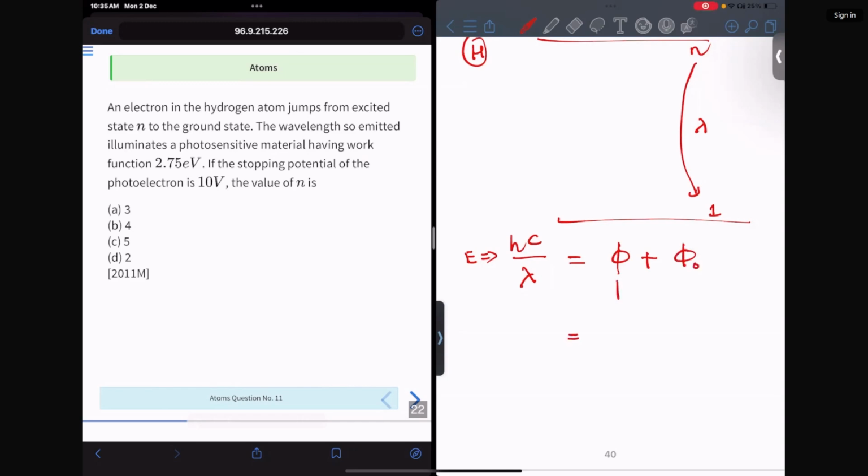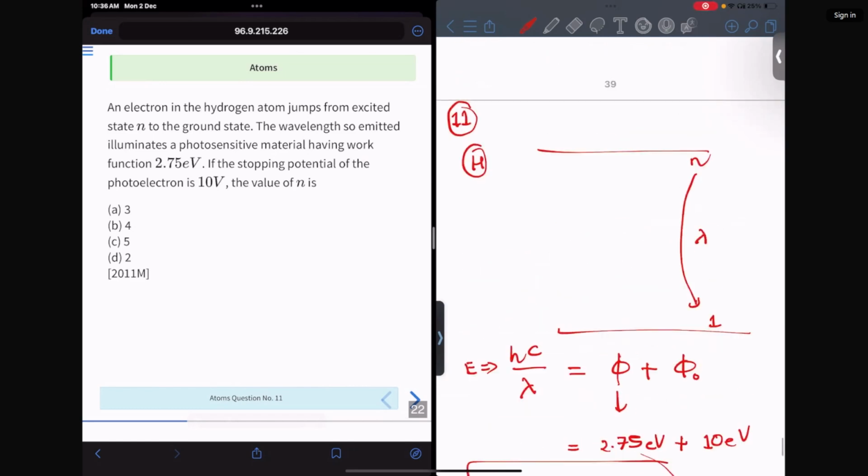The value of psi they have given you is 2.75 electron volt, plus the value of psi naught they have given you is 10 electron volt. So the energy will be equal to 12.75 electron volt.